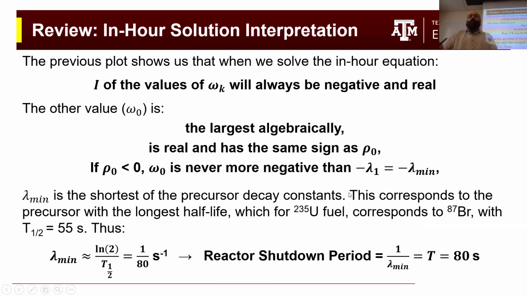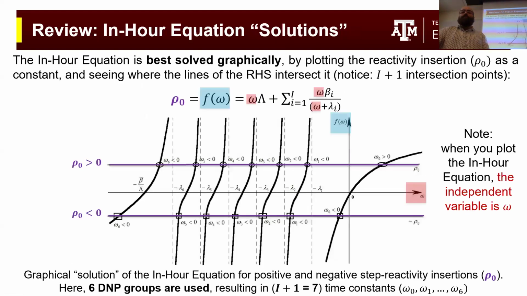So in general, there's an interpretation of this graph that we want to be familiar with, which is what's being shown on this slide. I of them are always going to be negative. One of them is going to match the sign of the reactivity insertion. And if that reactivity insertion is negative, then omega zero is bounded by lambda one, which is the minimum value for our delayed neutron precursor groups.